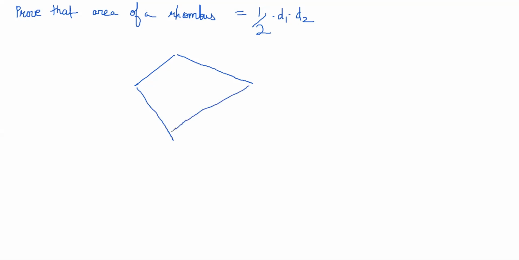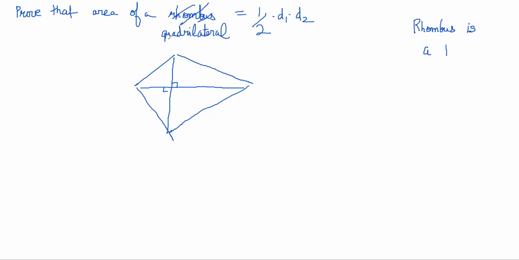So this diagonal and this diagonal are perpendicular to each other. Okay, this is not a rhombus, because the sides are not equal. So this result is true for any quadrilateral with perpendicular diagonals, even a kite.